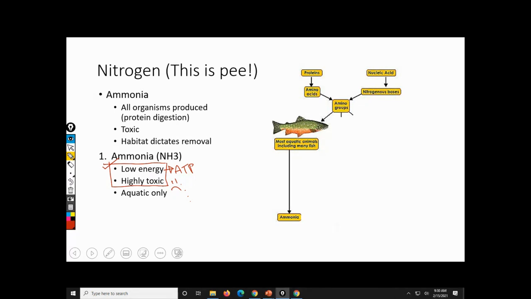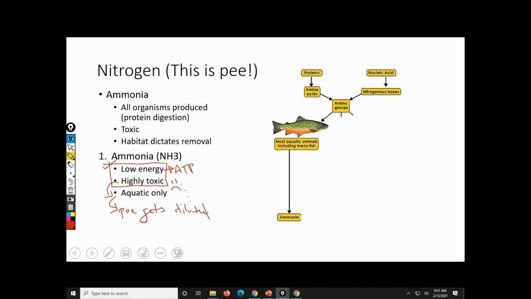So even though this is highly toxic, because it's aquatic, the pee gets diluted. Unless you have your fish shoved in a little fish tank and you're not doing a great job of cleaning your fish tank, in which case you can, in fact, kill your fish via ammonia toxicity, then it doesn't matter too much.